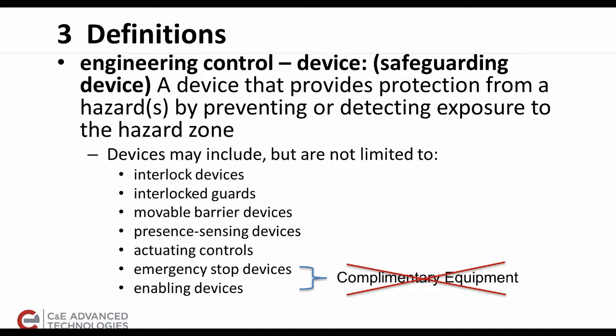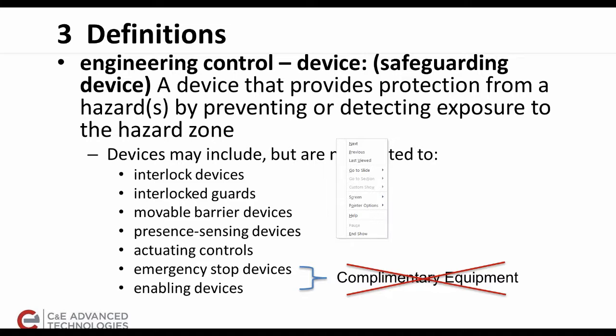Here in this case, in an interlock guard, we have a physical barrier which has the requirements of guards in addition to the control requirements for the interlock. One large change is that there used to be a category called complementary equipment. These are devices that were typically used in conjunction with others to augment their functionality.